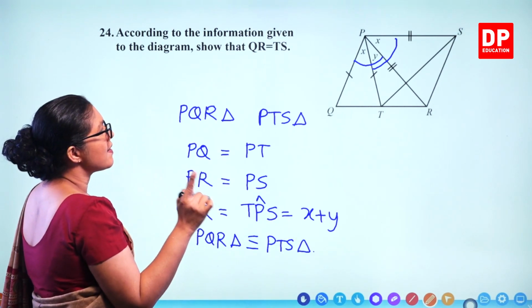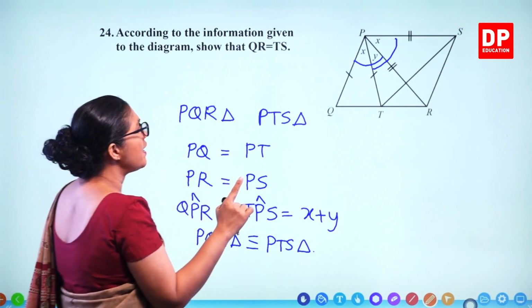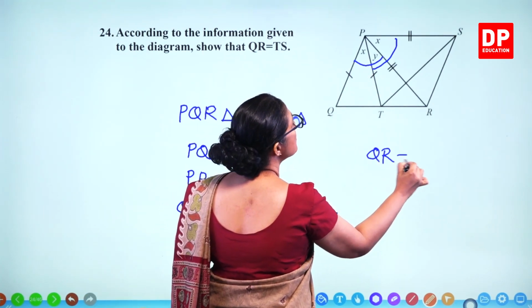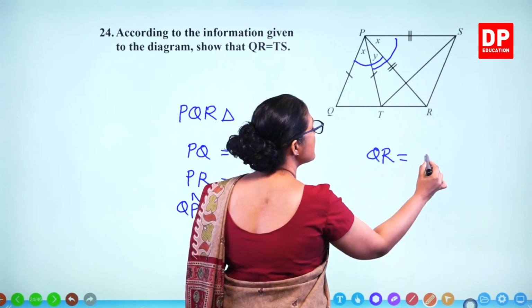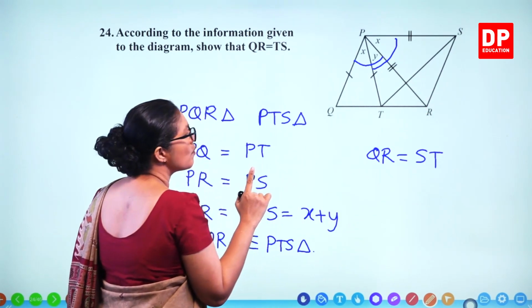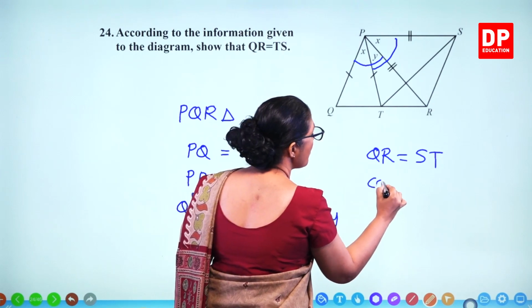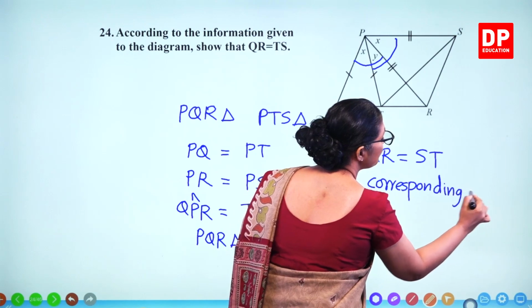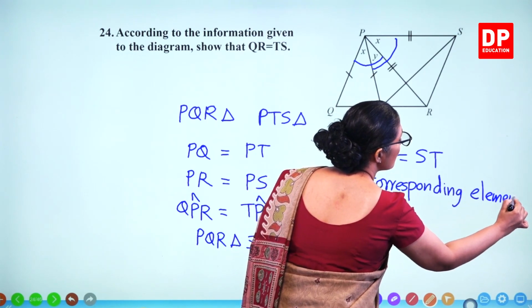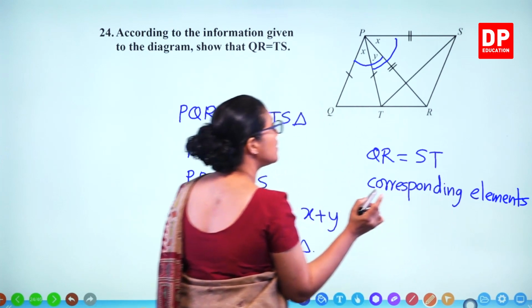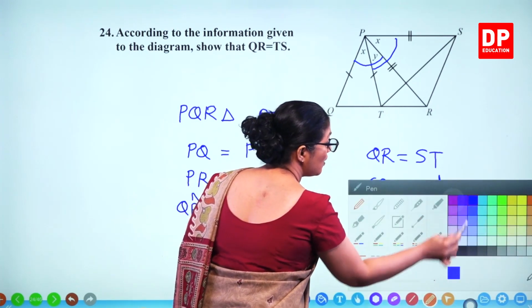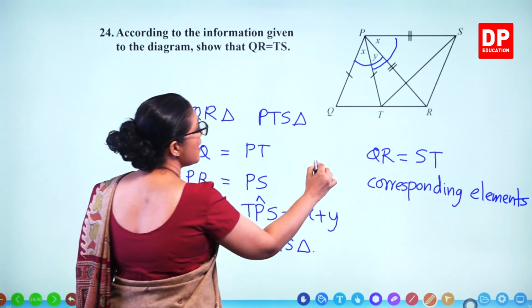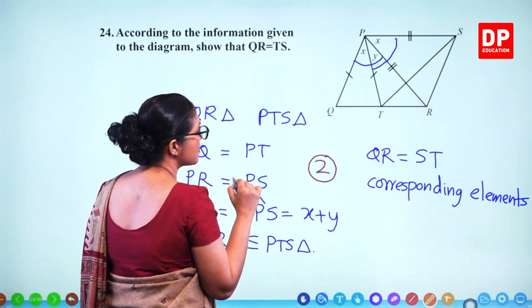If the two triangles are congruent, the corresponding elements are equal. Now, opposite to X plus Y is QR. Opposite to X plus Y in this triangle is ST. So, QR equals ST or TS. Corresponding elements are equal. So, that's why those two are equal. So, you need to identify the two triangles and find out. That's 2 marks.